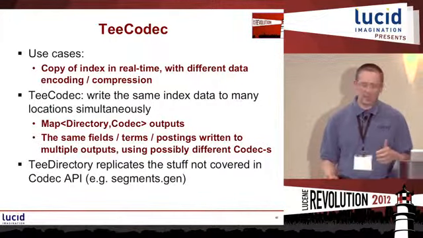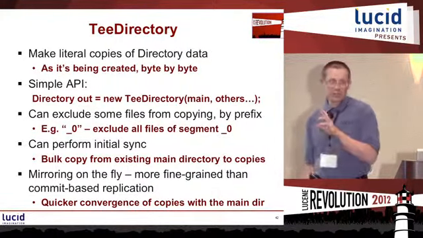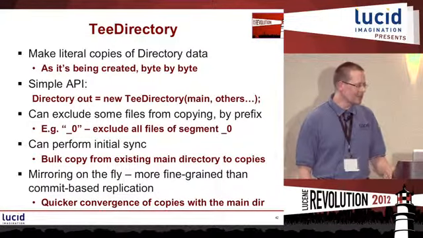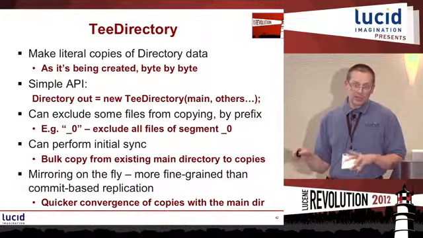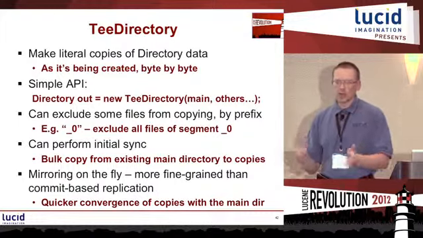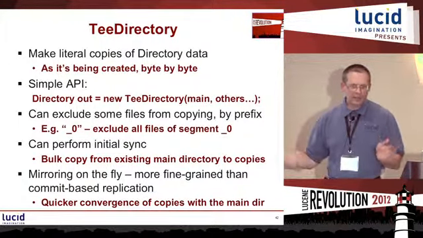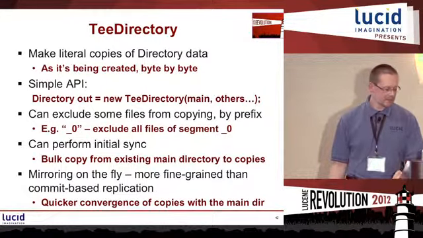You can use T directory separately. This part is actually implemented, and it works, and there are even unit tests for it. T directory is simply mirroring data byte by byte. So you have the main directory, and then a bunch of other directories, and you write the data synchronously to all the locations.